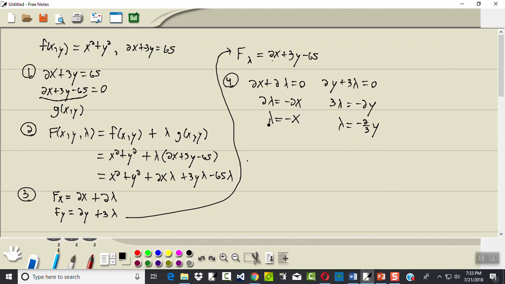Since both of these are equal to lambda, I can set the right sides equal to each other. So negative x is equal to negative 2/3 y. Multiply both sides by negative 1, and you get x is equal to 2/3 y. Multiply both sides by 3, and you get 3x equals 2y. Then divide both sides by 2, and you get y is equal to 3/2 x.